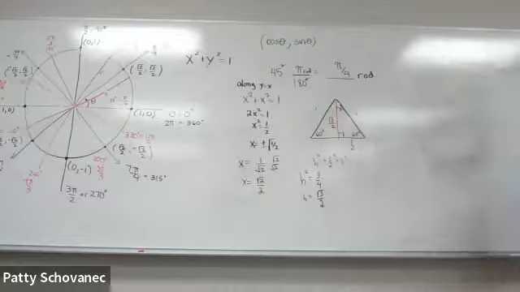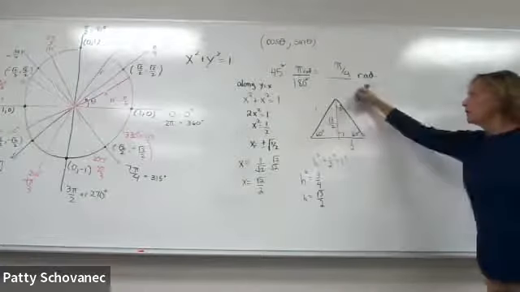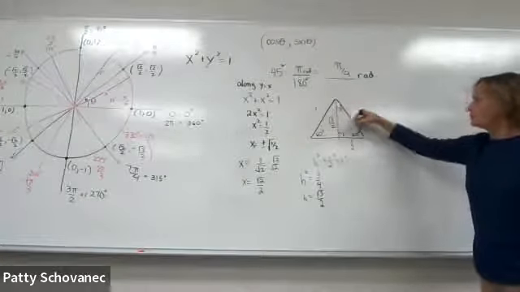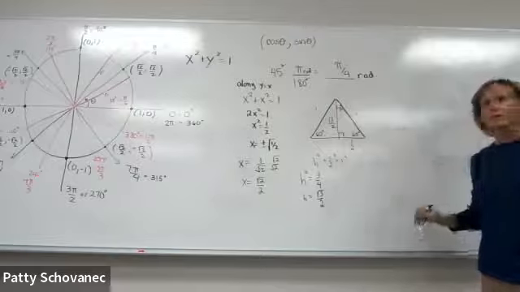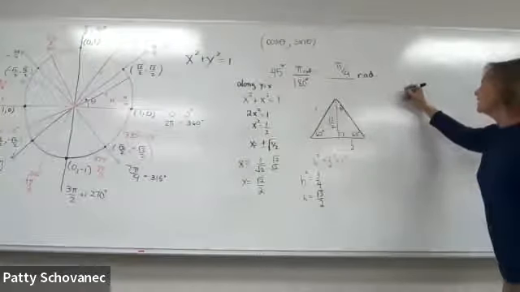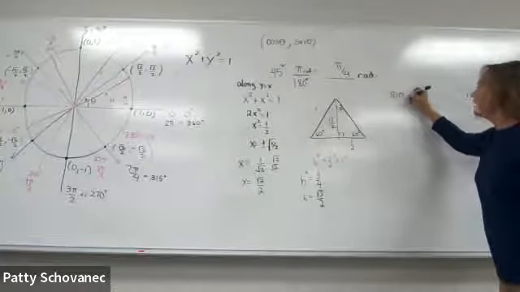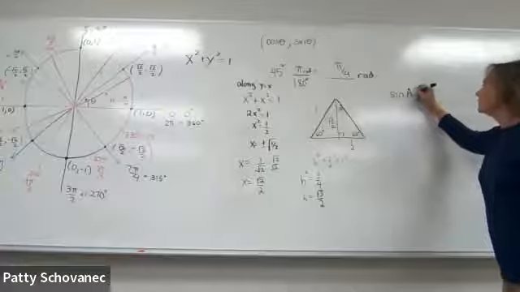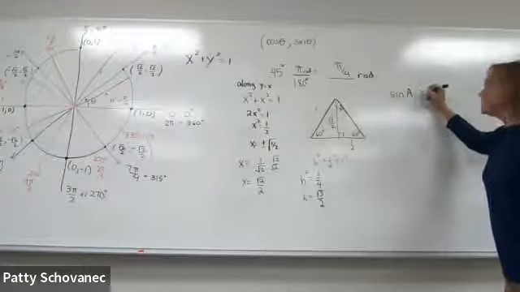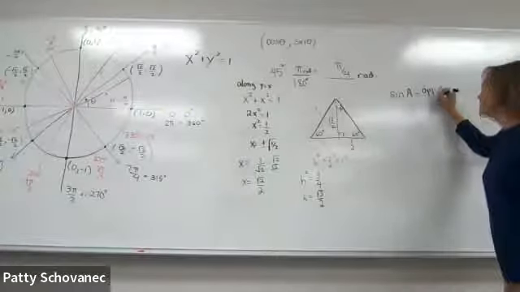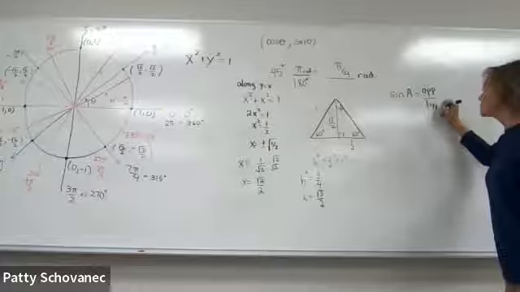Now remember, in our right triangle trigonometry, if you have a right triangle, which we do looking here at the left portion, remember that the sine of any angle is equal to the side opposite that angle divided by the hypotenuse.